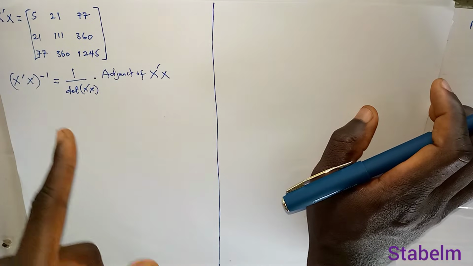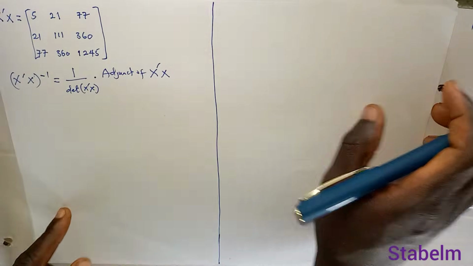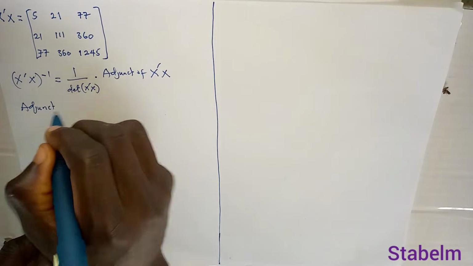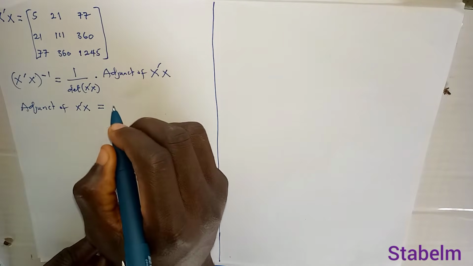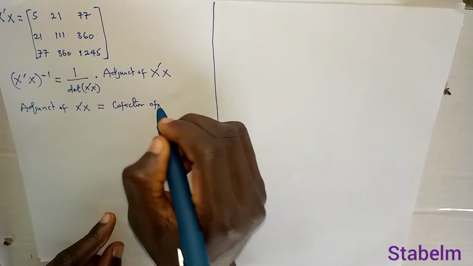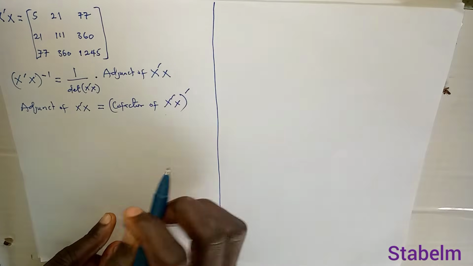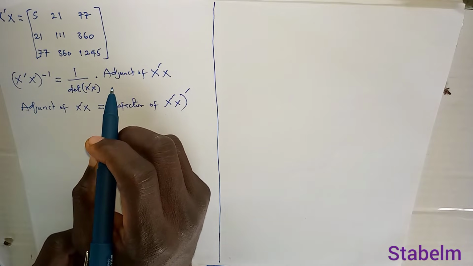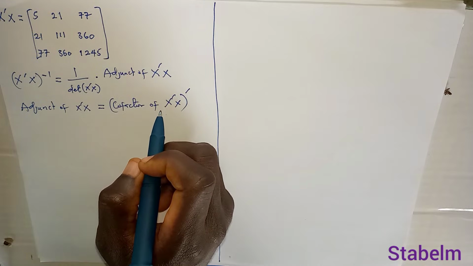Then after getting the determinant of X prime X, we're going to look for the adjoint of X prime X. Now, how do we get the adjoint? The adjoint of X prime X equals the cofactor of X prime X transposed. So before we can get the adjoint, we first need to get the cofactor of X prime X, then transpose it.